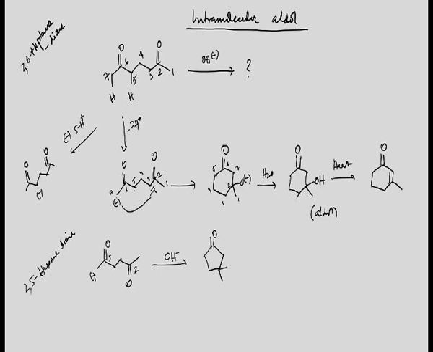So this O minus, then H2O, then this. So a 5-member ring will form. Now if you put one cyclic compound, that is an already cyclic compound with a diketo system like this one.